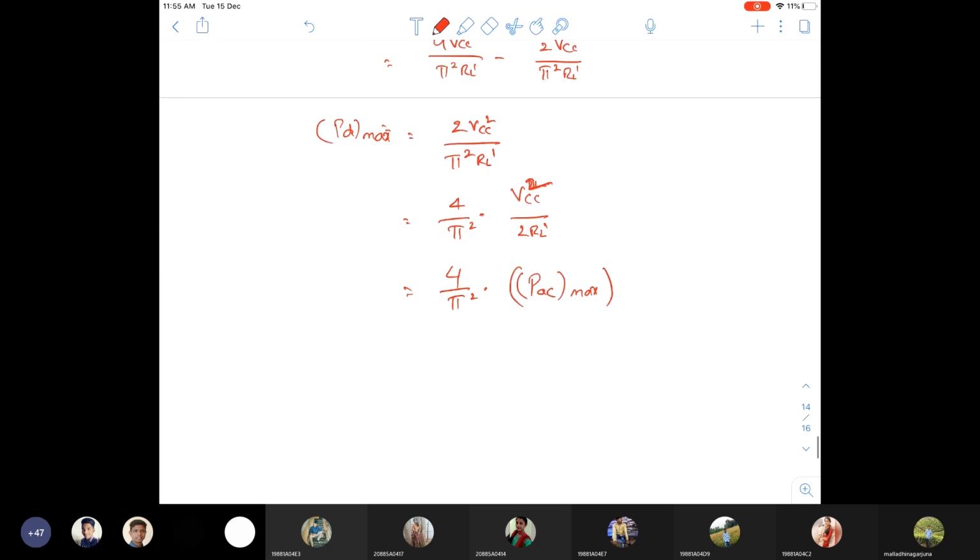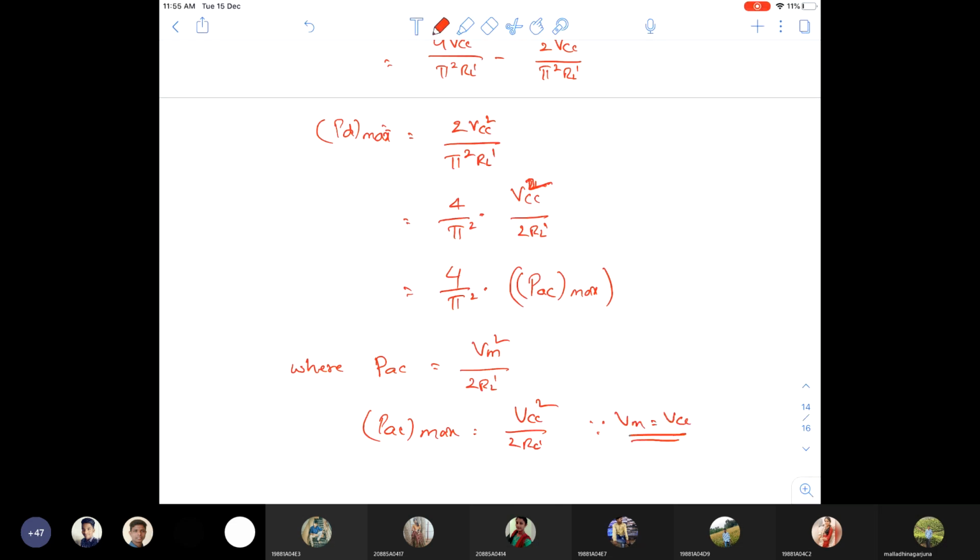Okay, what is the formula for PAC? PAC VRMS formula ఏంటంటే Vm square by 2 RL dash. Yes, sir. So here PAC max equal to VCC square by 2 RL dash, that is Vm is equal to VCC.